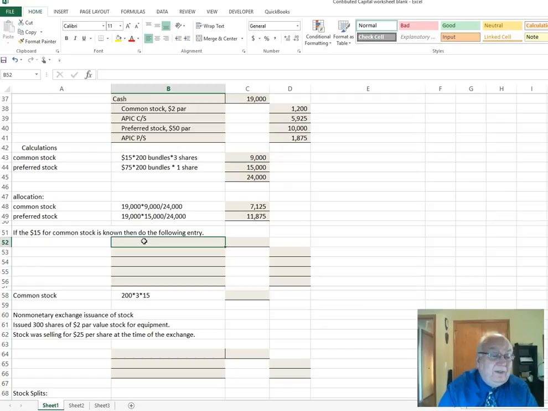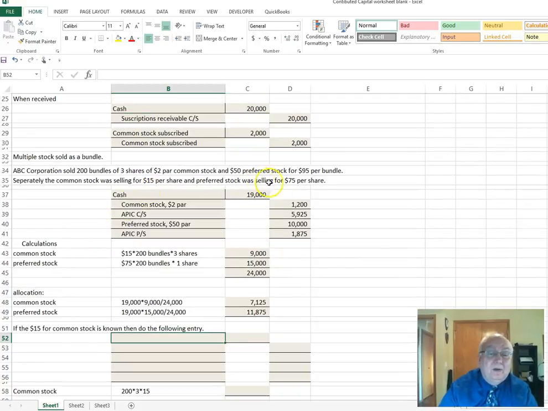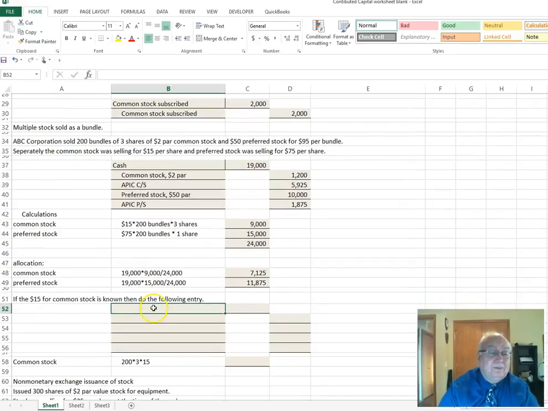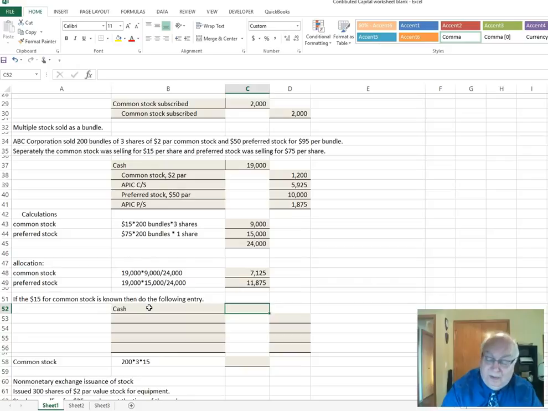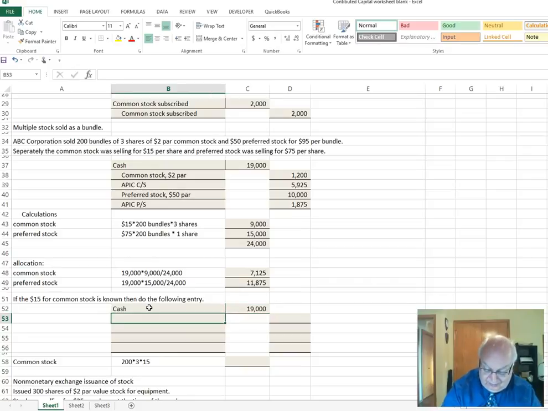Then, if only the $15 common stock value is known, then do the following entry. So if we don't know everything here, for instance, all we know in this example is the $15. We don't know about the $75 per share. So again, cash would be, of course, $19,000.